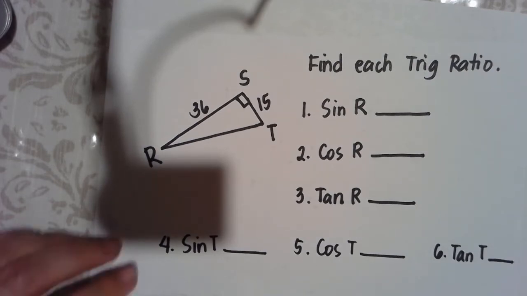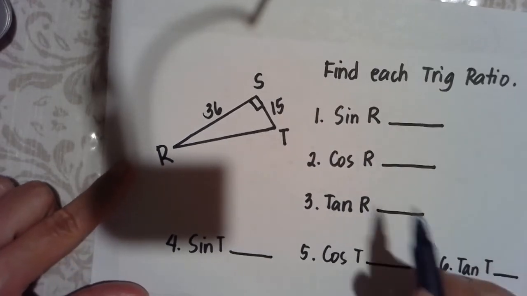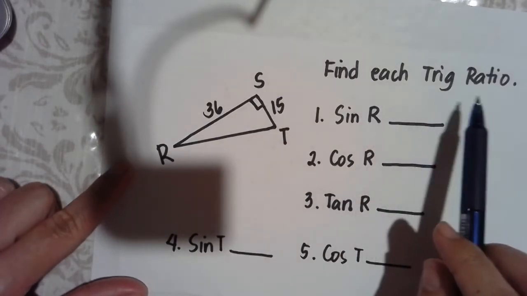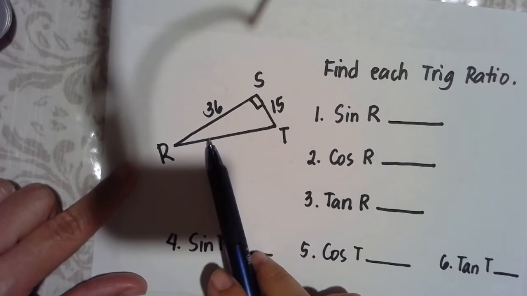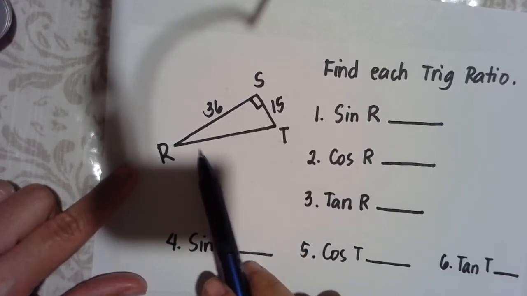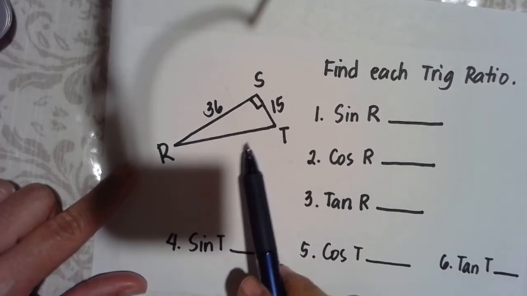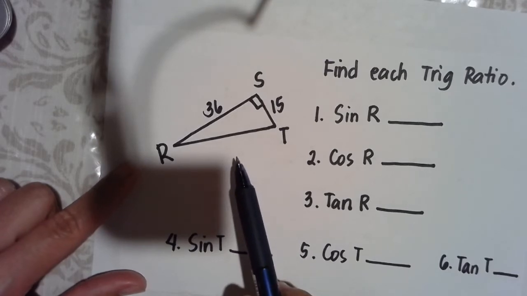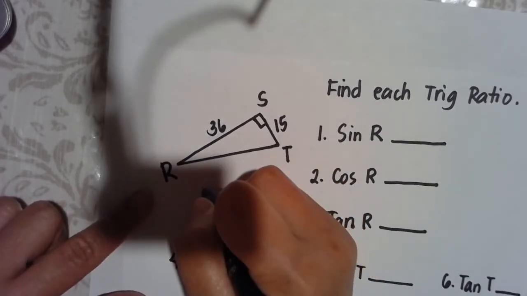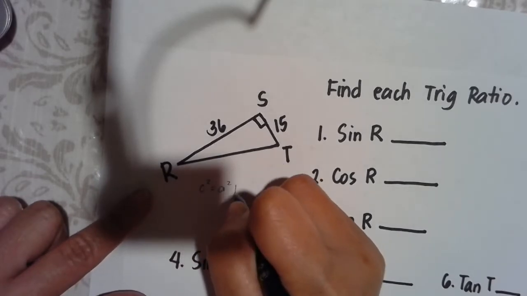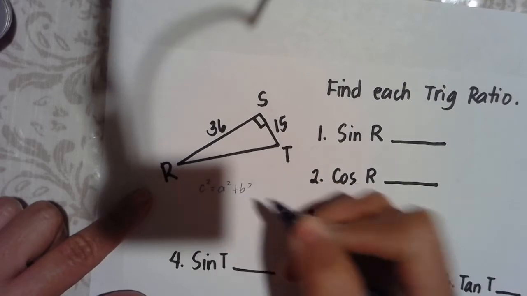For the next number, it says find each trig ratio. Given that this is a right triangle and you're missing the hypotenuse, I would recommend using the Pythagorean theorem, which gives the formula c squared is equal to a squared plus b squared.